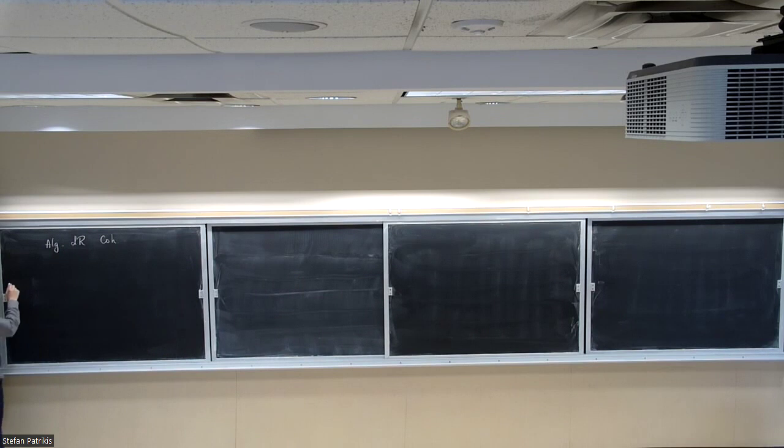So let me give a basic setup. Suppose I have a smooth morphism of schemes. Let me call this pi.